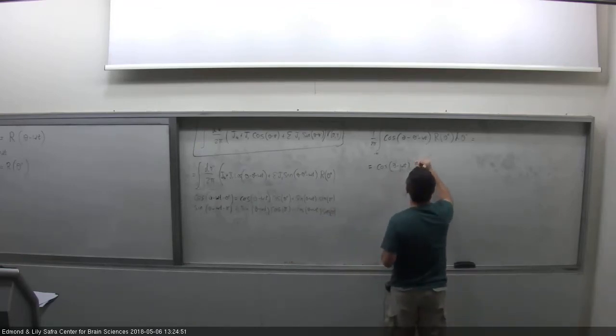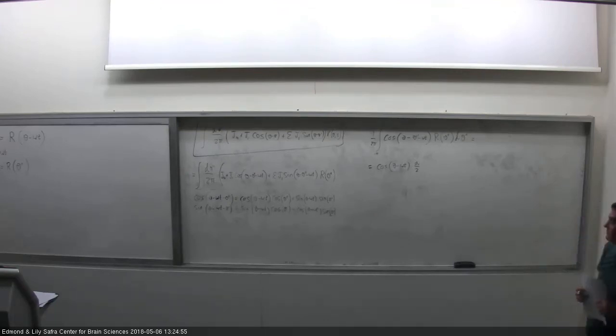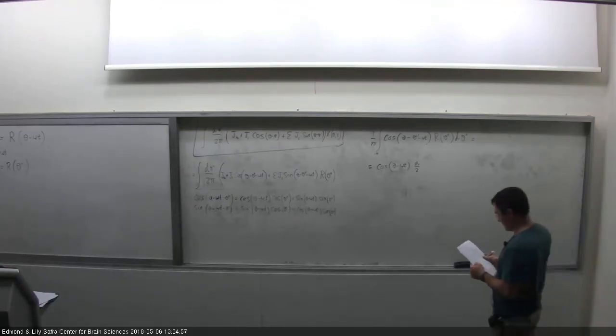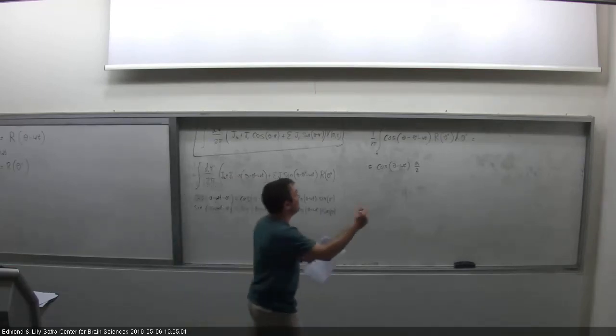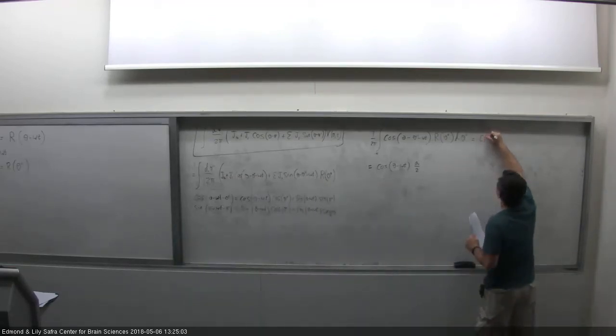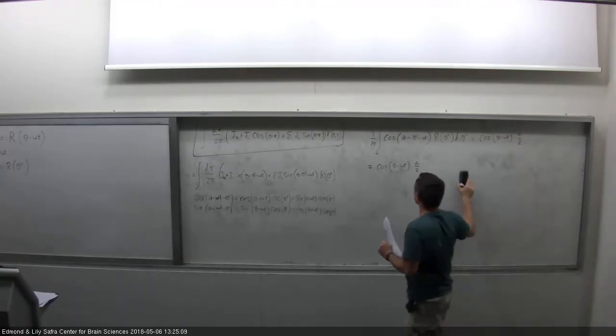So this would be equal to a1 over 2. Cosine of theta minus wt times a1 over 2.